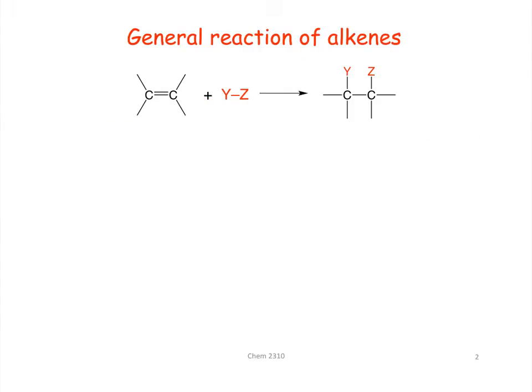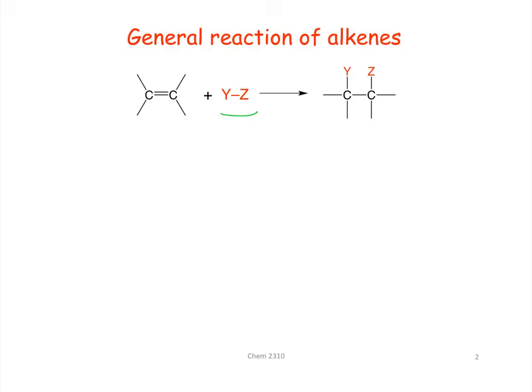So, like we saw before, the general type of reaction of these alkenes is going to typically involve the reaction of the pi bond of the alkene with some group.